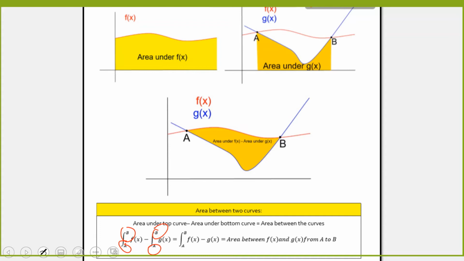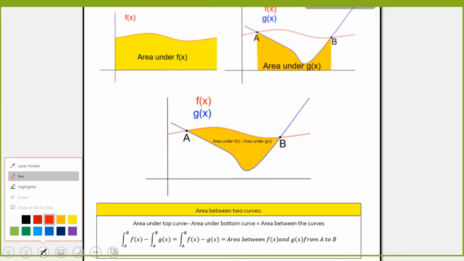So I'm adding these boxes of infinitely small base times height together. So that means as long as my start point and end point are the same, if I subtract my bottom function from my top function for every possible line that I could draw, then I'll end up with just the lines between them.